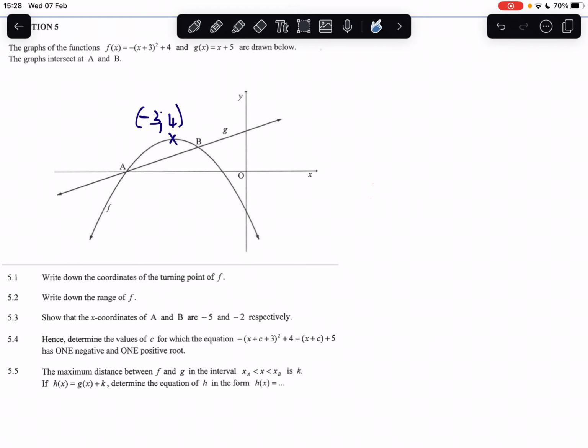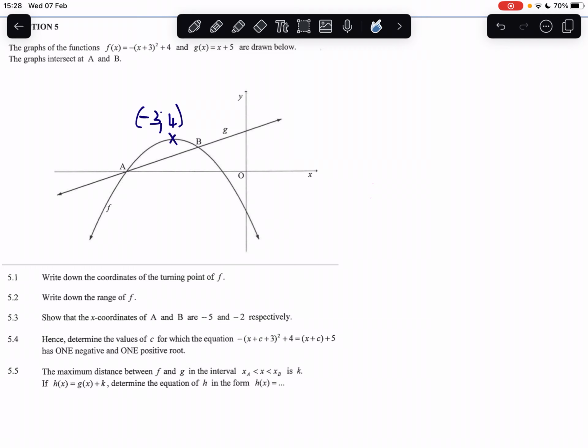Determine the values of c for which the equation -(x + c + 3)² + 4 = x + c + 5 has one negative and one positive root.